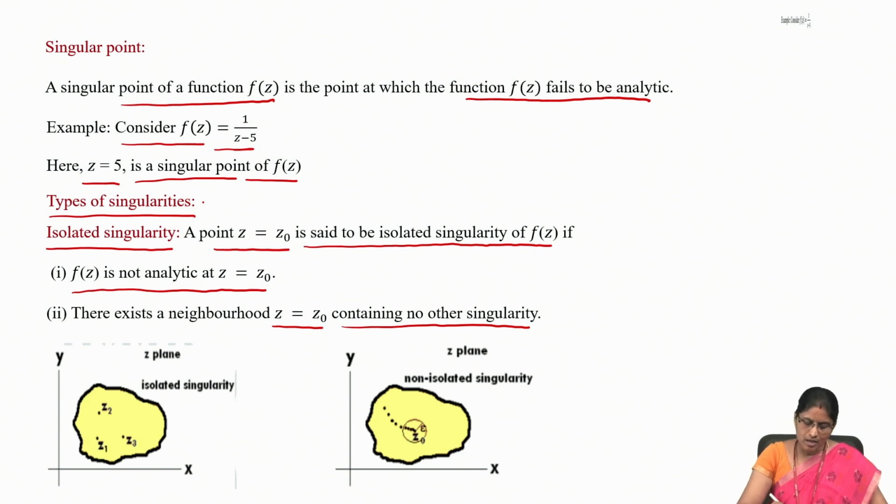See the difference here. In an isolated singularity, the isolated points are a set of points where we can find a neighborhood around each one. Here three points are there, z1, z2 and z3, and we can find a neighborhood around each of them. Whereas a non-isolated singularity is a point where every neighborhood, however small, contains other points from the set. So this is the difference between isolated singularity and non-isolated singularity.